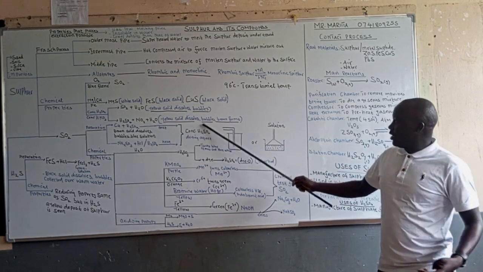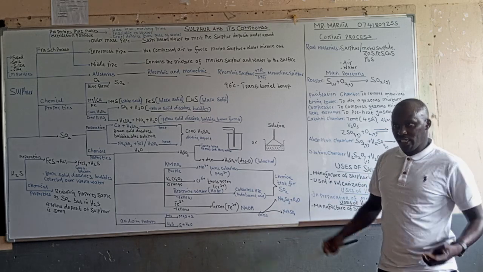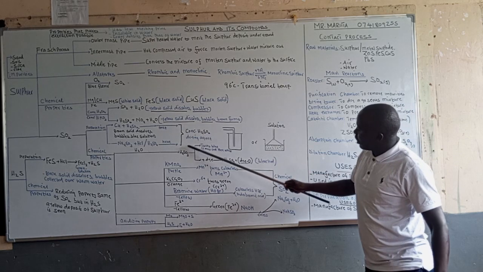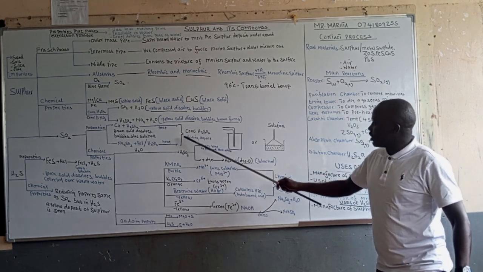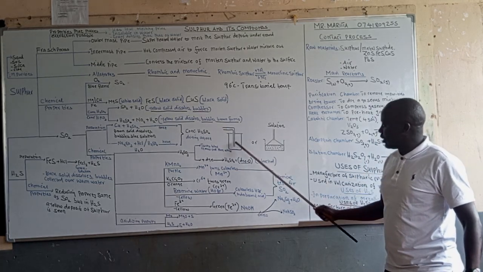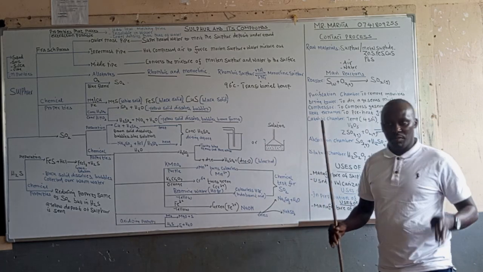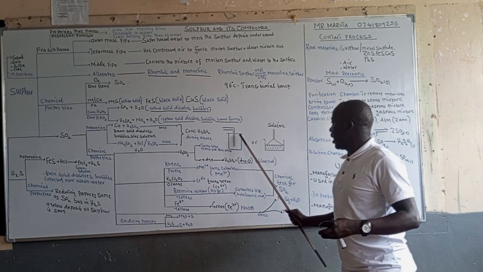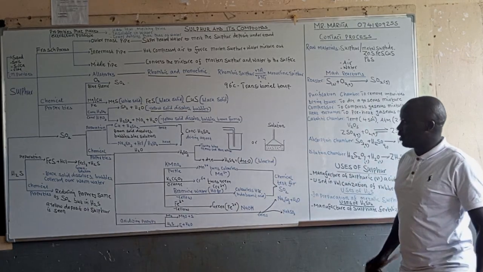The gas collected must be dried, and the most suitable drying agent for sulfur oxide gas is concentrated sulfuric acid. The gas is collected by the downward delivery, or what we call the upward displacement of air, because the gas is denser than air.